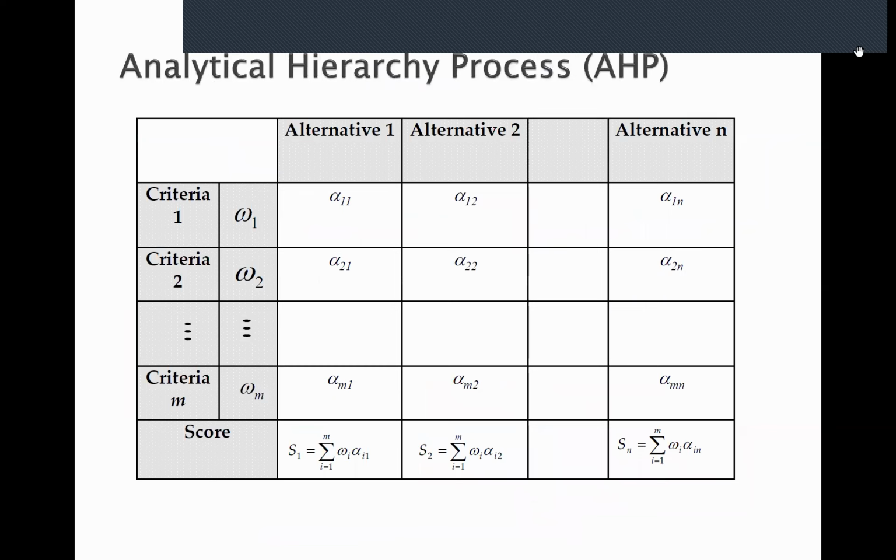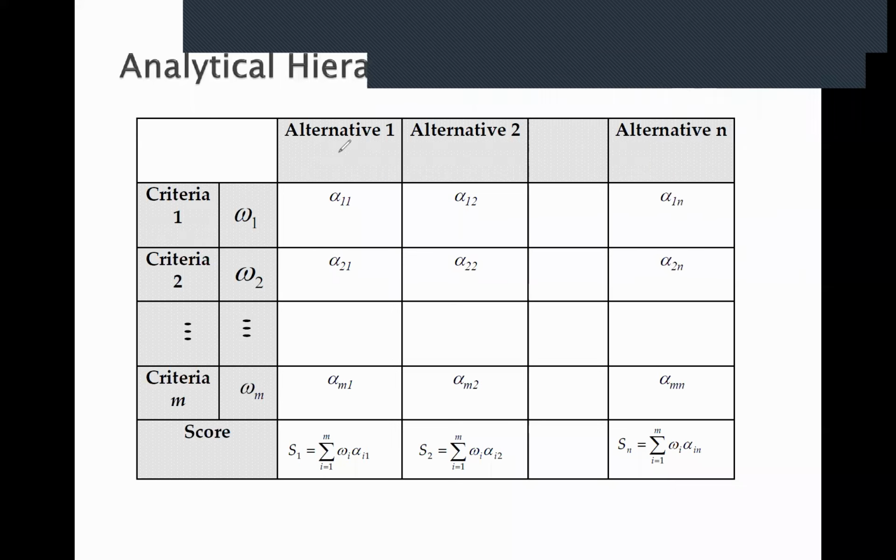Analytical hierarchy process, AHP. I want to spend more time on that. I find it very interesting and applicable to any decision-making process. In AHP, we have the alternatives as usual, and we have some criteria on which the selection will be based.